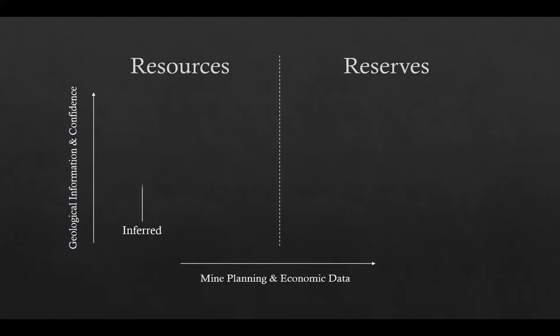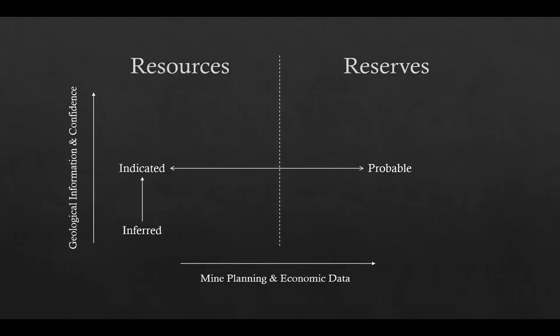Next is indicated resource, which has some geological information available due to limited exploration and has a higher level of confidence in its estimation than inferred resource. If the indicated resource is supported by the mining and economic data as well, it changes to probable reserve.